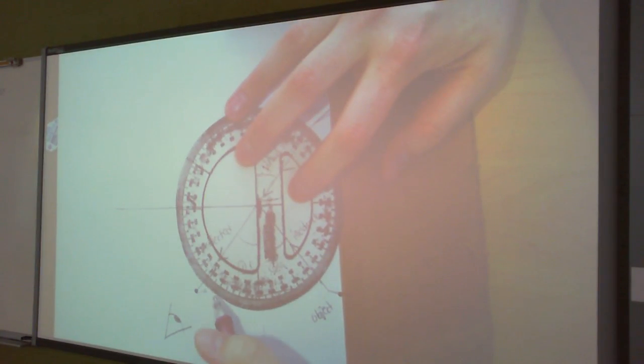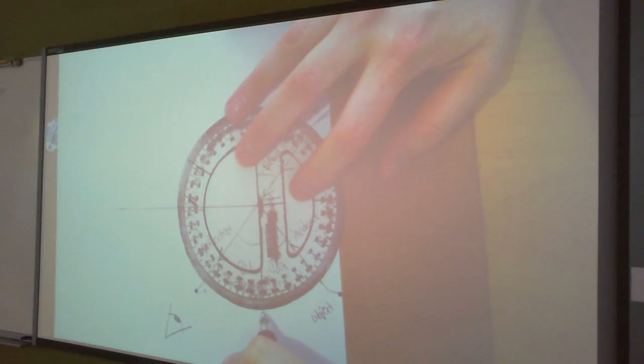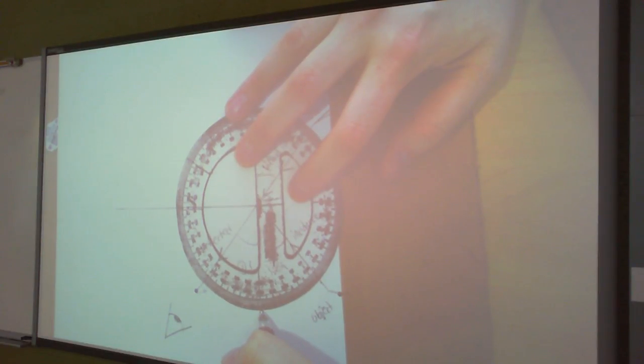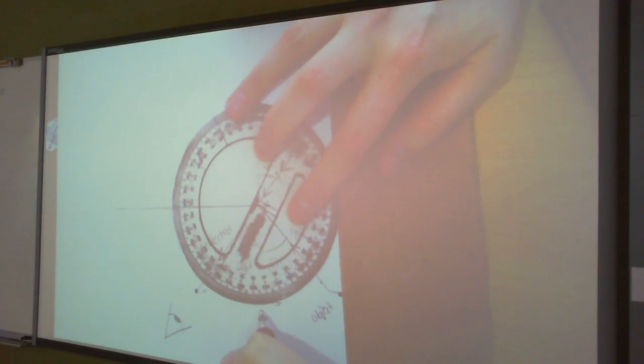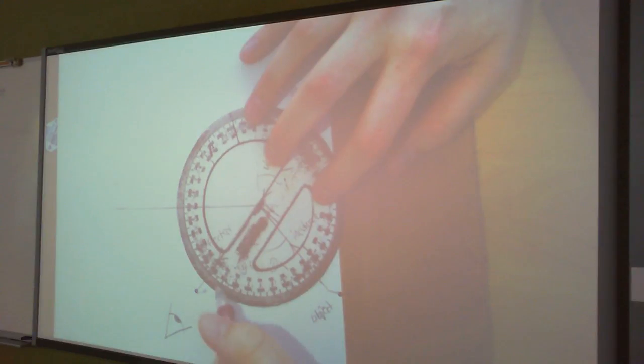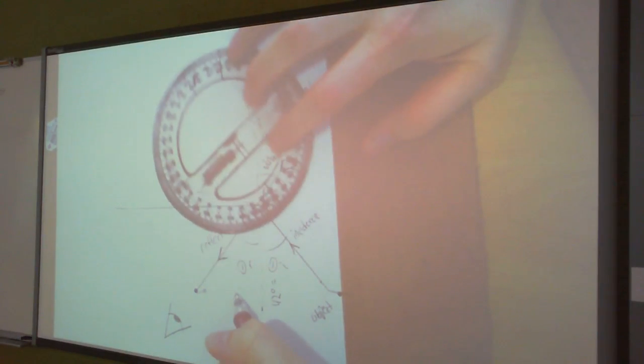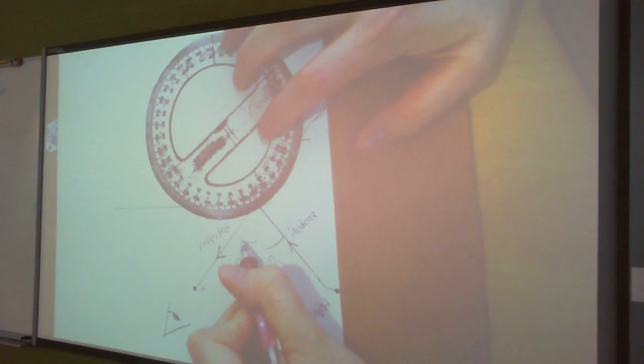And then this one goes from 180. No, so I'm going to rotate this one and start my 0 here and measure from 0 up to 40. Yeah, 42. Theta R is equal to 42.